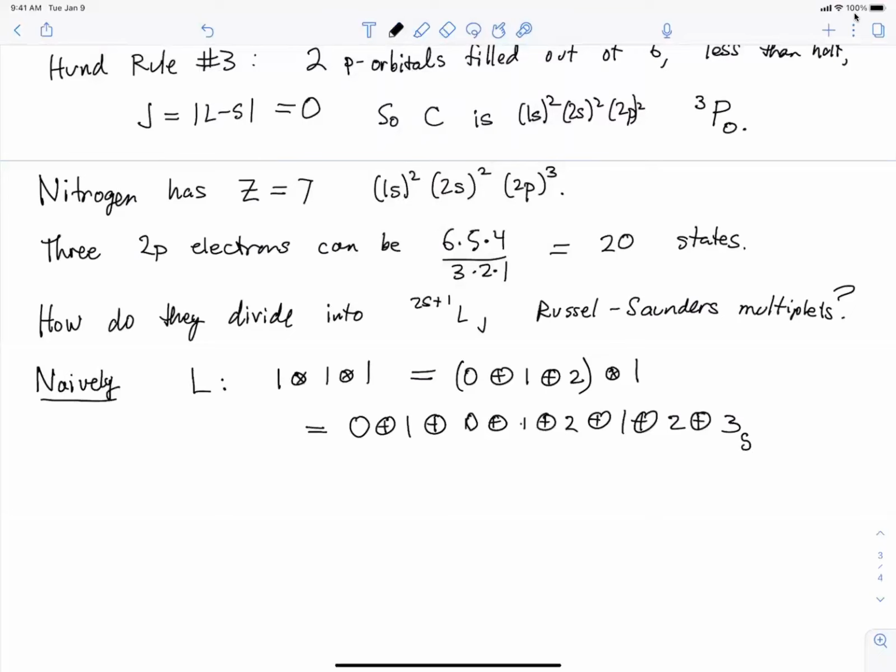And the other thing you can do is you can have an antisymmetric combination, which is what you get when you have one of these zeros. So this one's going to be antisymmetric. Doesn't actually matter, except that I put one too many zeros, because here when I did 0 tensor product 1, that should have just been 1. That's the only thing you can get. And so this one should not have been here.